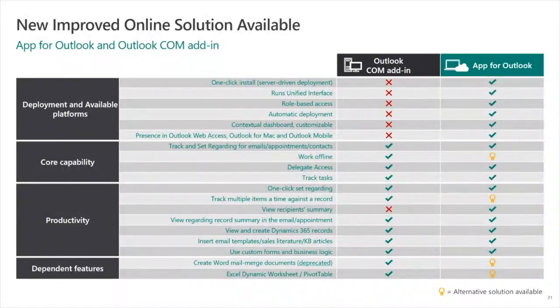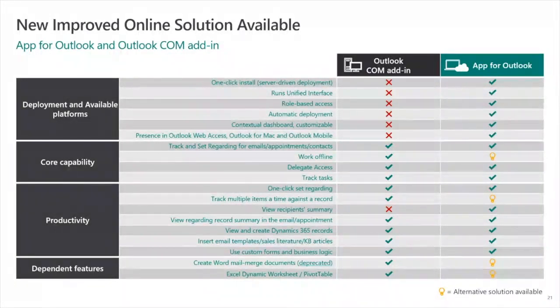It offers role-based access, which allows you to decide what users have the app for Outlook and what users don't based on their security role. You can automate the deployment. You can customize the integration to offer a contextual view of the records you want in Dynamics 365. And it's available in Outlook Web Access, Outlook for Mac, and Outlook Mobile.